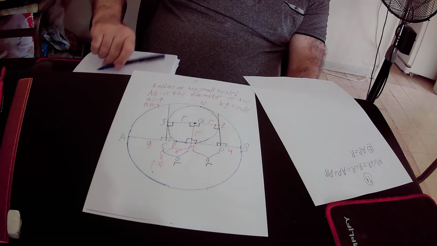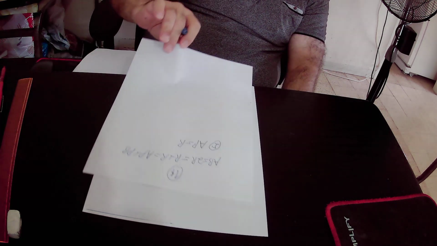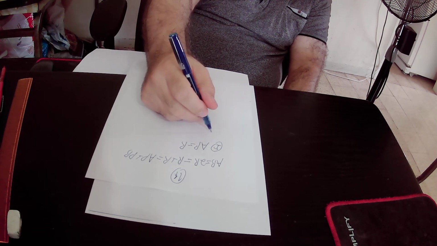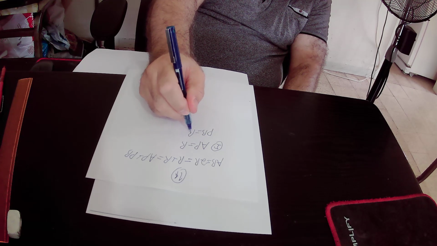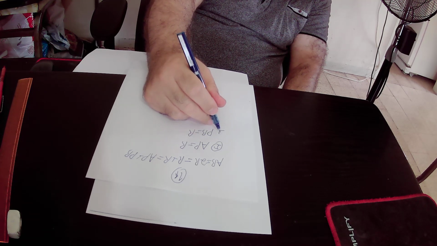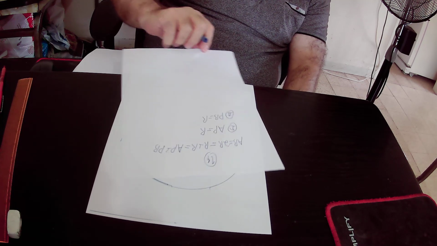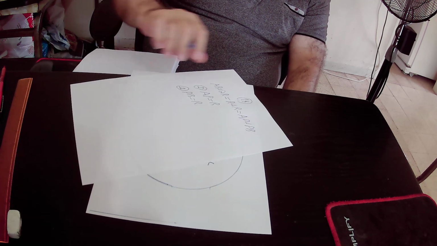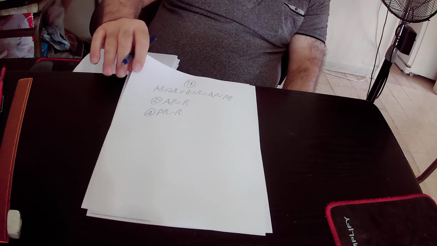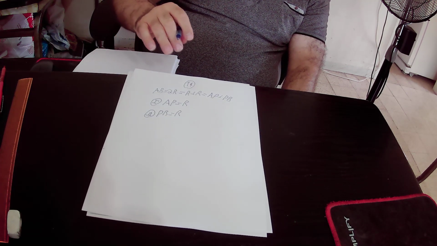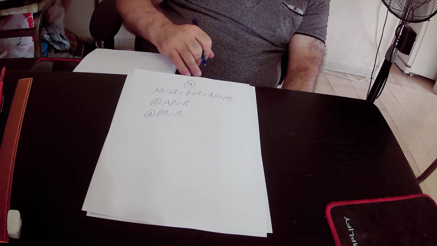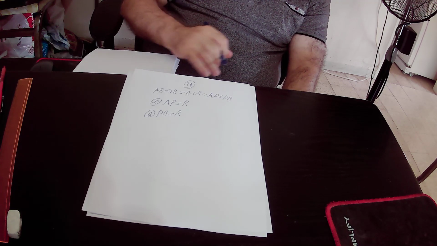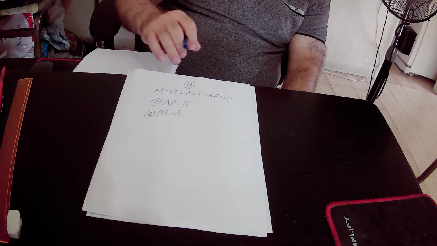So the second equation will be PB also equals to the radius of the big circle. So we have here two equations for the radius of the big circle. AP equals to capital R and PB also equals to capital R, because P is the center of the big circle.